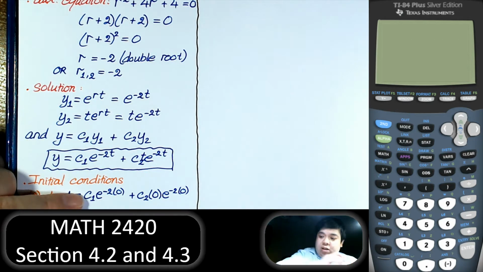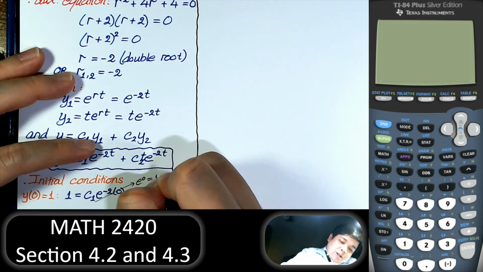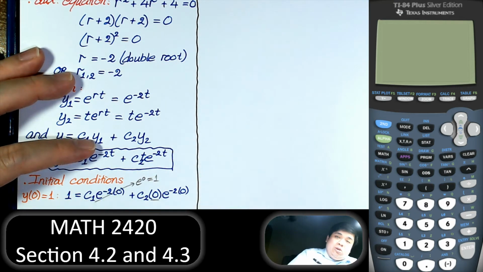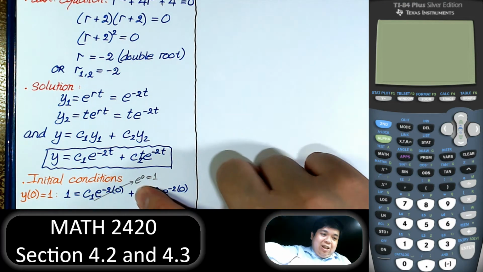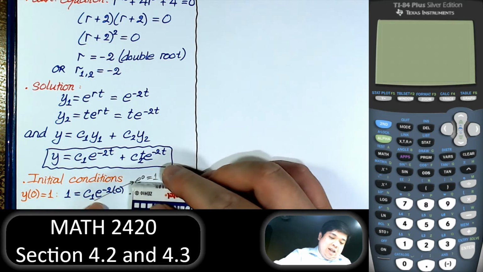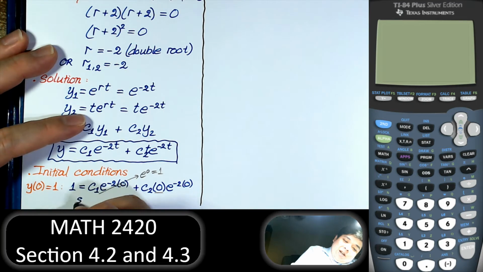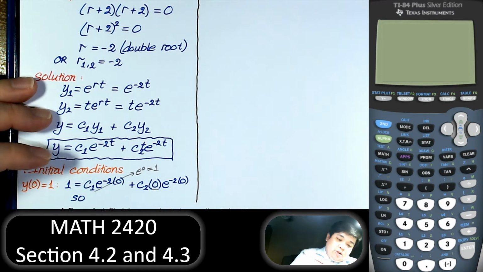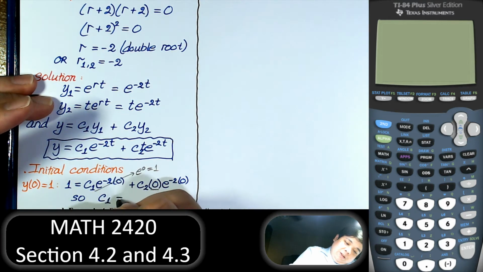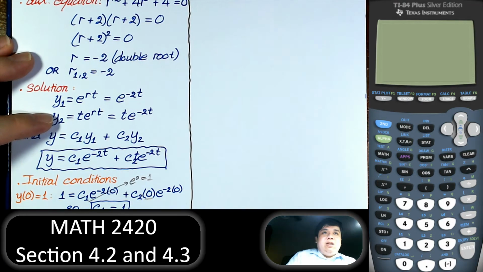So e to the 0 power is 1, and this one has a 0, so that cancels out. So what do we have here? That is equal to 0 because of the times 0, and that goes to 1. So we just have C1 is 1. Like I said, when the initial condition is 0, it is a lot easier to solve for. Right, so that's the first part.